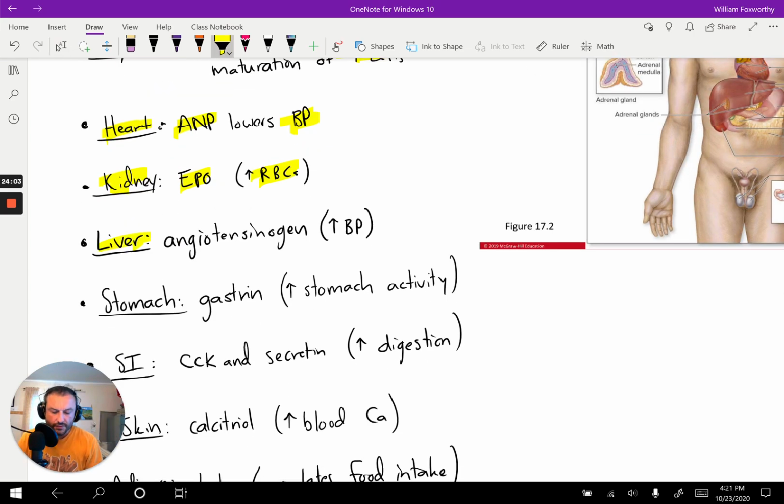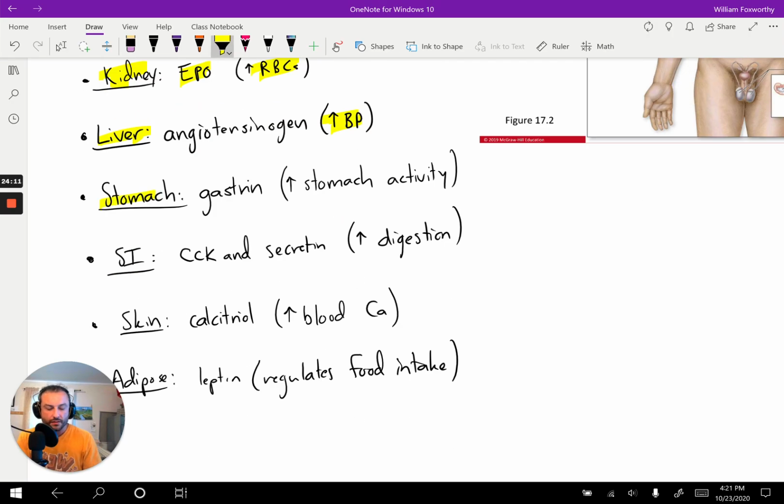The liver produces angiotensinogen, which in a somewhat circuitous way functions to increase blood pressure. The stomach releases gastrin, which is a hormone that increases digestive activity and smooth muscle activity in your stomach. The small intestines release cholecystokinin and secretin, which increase digestive activity and smooth muscle activity in your intestines.